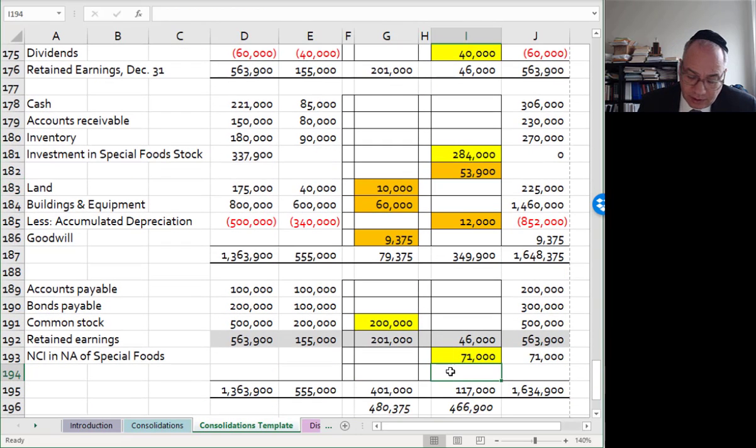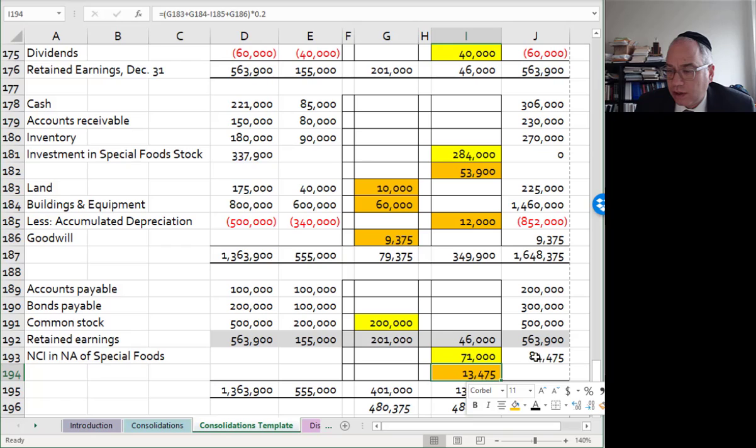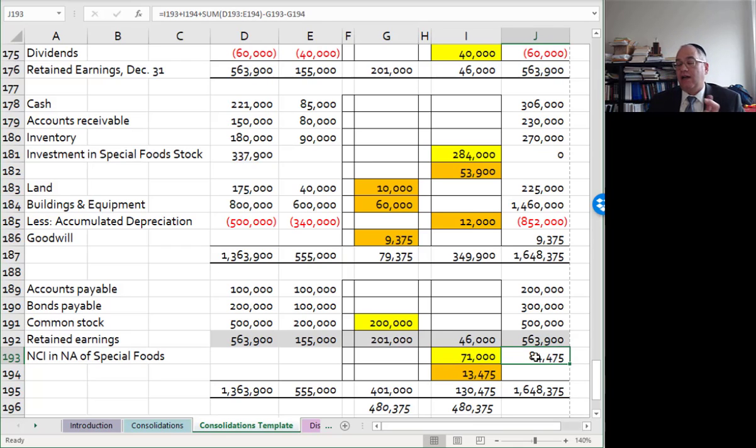And 20% of them, 10,000 plus 60,000 minus 12,000 plus 93.75, 20% of that would be 13,475. And again, there's work you can do to roll forward the non-controlling interest in net assets of Special Foods to get that number and see how you got it. And I believe that's in the book.